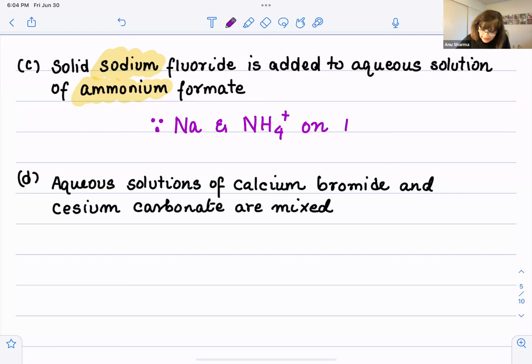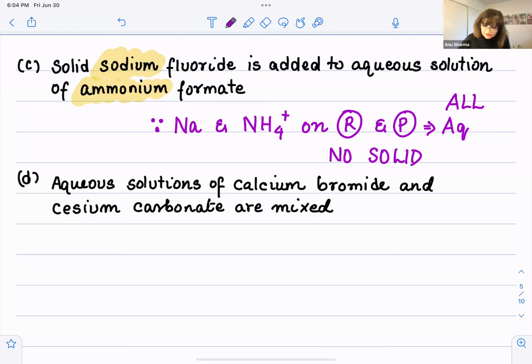On reactant and product side, both times, in the reaction. Therefore, all aqueous. So no solid will be formed. No solid is formed in this reaction.